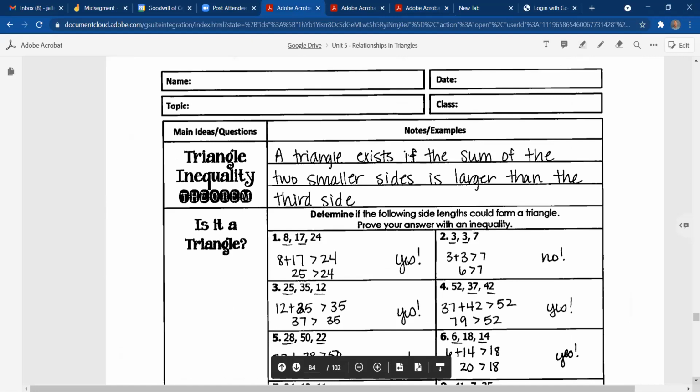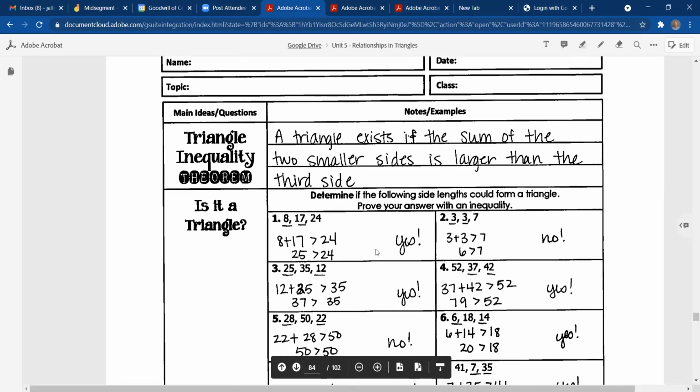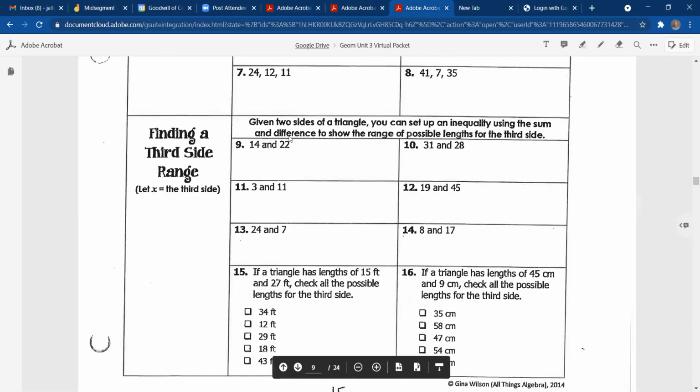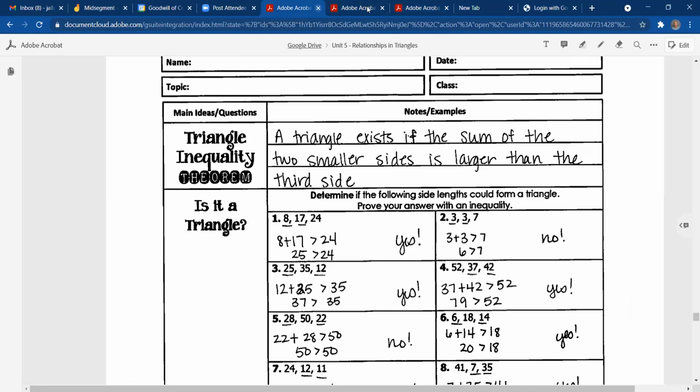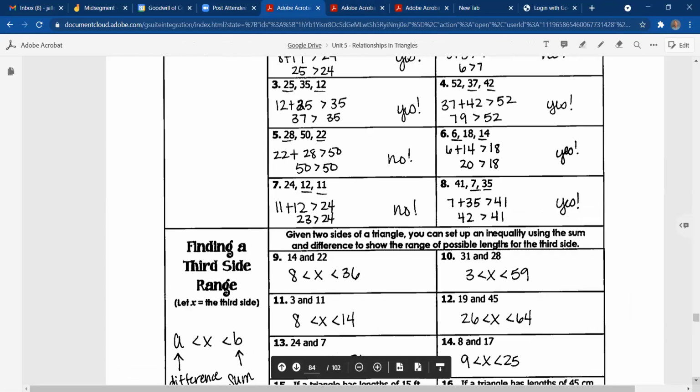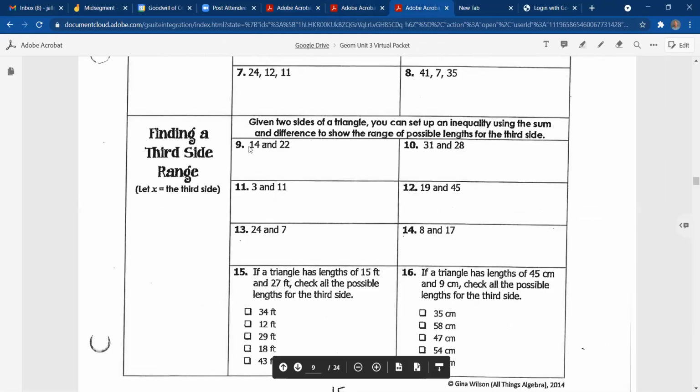How did you get 9 again? 14 and 22. No, those numbers are different. 8. Okay, let me go back to that. 8 plus 14 equals 22. I need a side that's going to give me a number larger than 22. Okay. Cool.